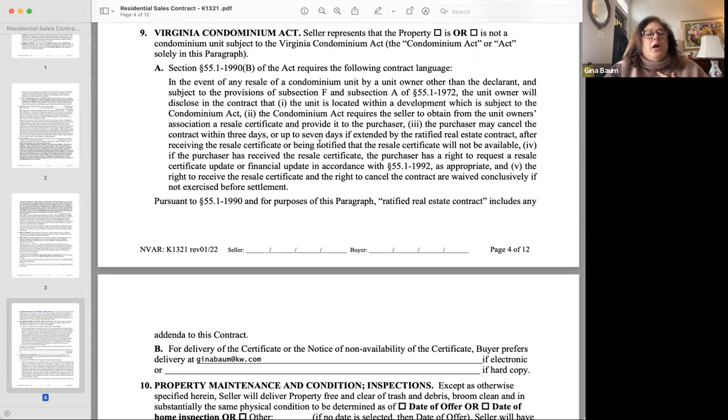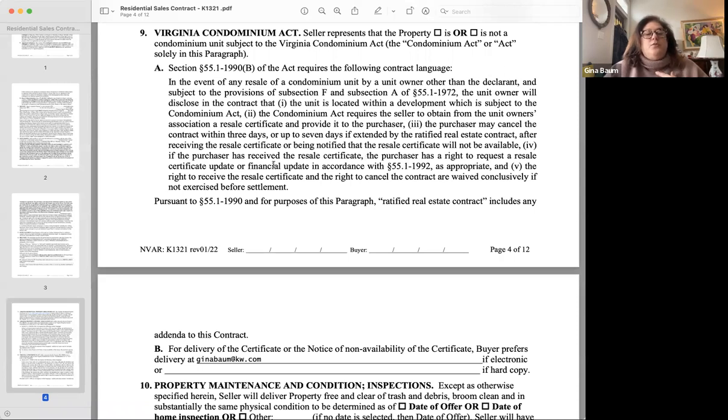The purchaser may cancel the contract within 3 days or up to 7 days if extended by the ratified resale contract after receiving the resale certificate or being notified that the resale certificate will not be available.